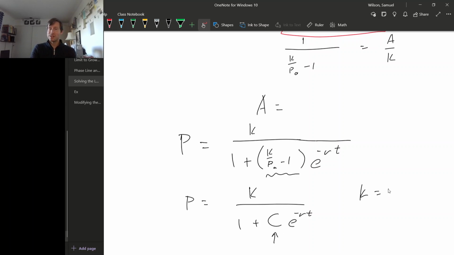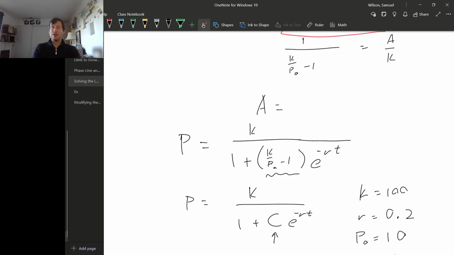Again, we are going to take for our carrying capacity 100. For our growth rate, let's make the growth rate pretty big just so that we don't have to wait too long to see things changing. So let's say our growth rate is 20%, which is pretty big. And for our initial population, let's say 10.